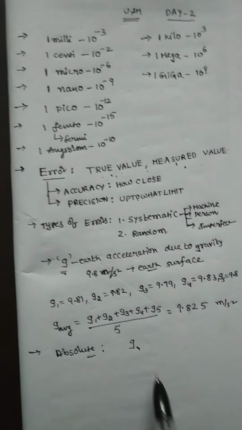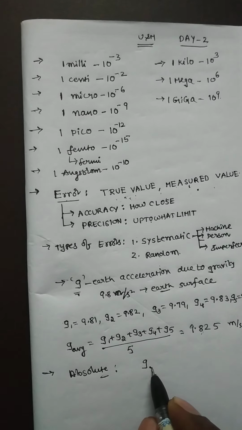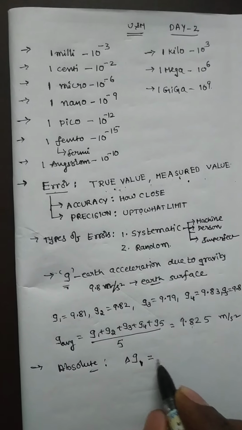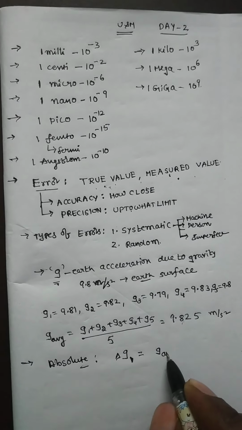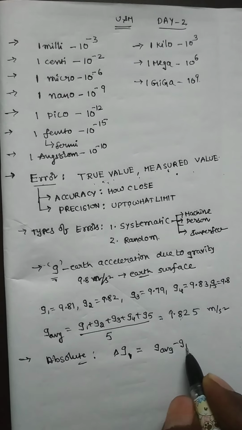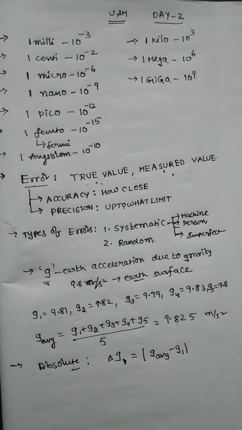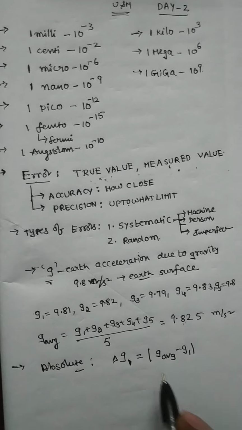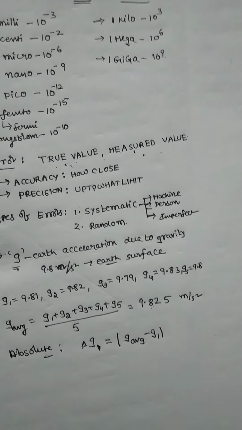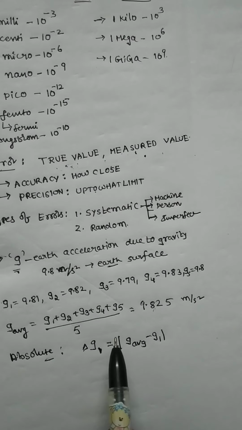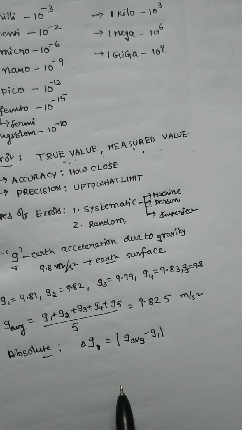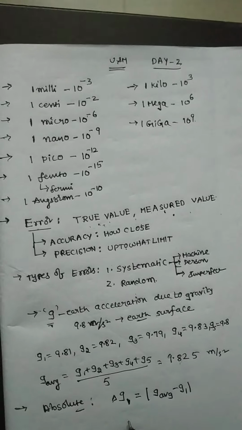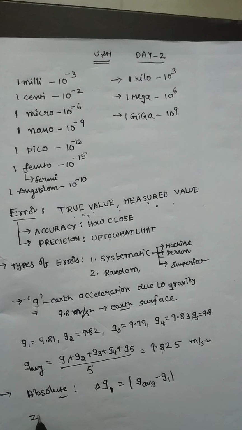The absolute error in G1 is represented as delta G1 is equal to G average minus G1. So the absolute error is the difference between the actual value and the average value.